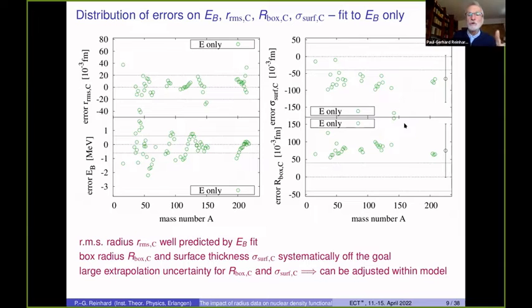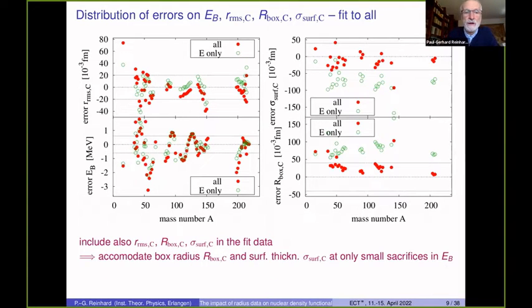Conclusion, we have good chances to fit the box radius and surface thickness once we include the data. That's done here. The red dots are all included, and we have a much better description of the form factor in terms of box radius and surface thickness, and not much of a loss or sacrifice on the other data. So that is the state of the art, 1985.